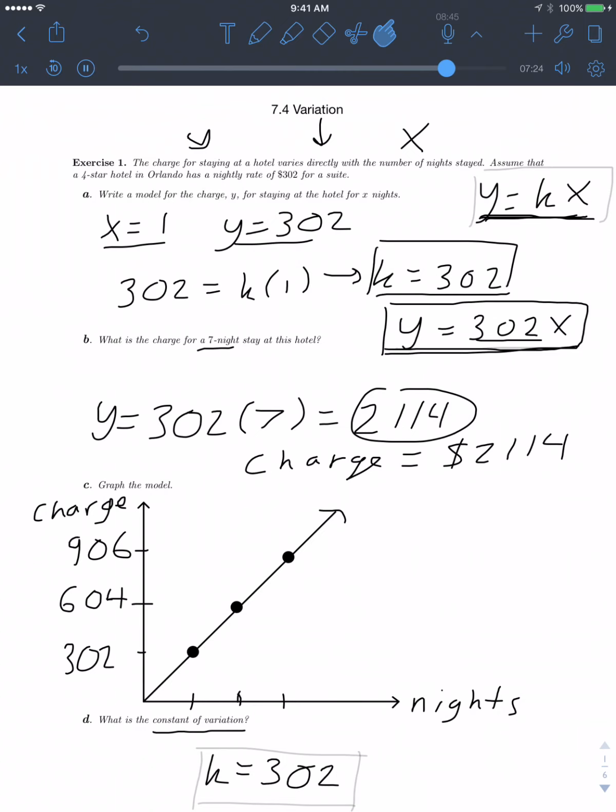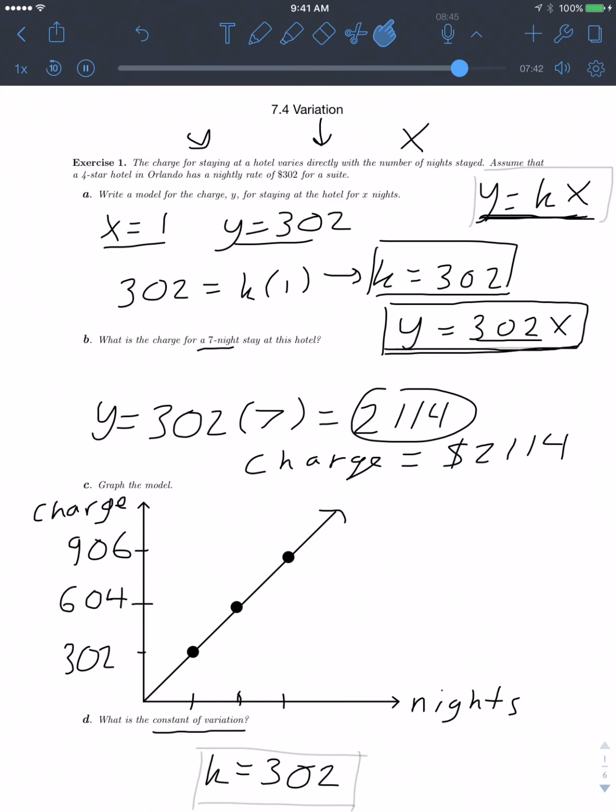Now, the constant of variation is what gives each variation equation its uniqueness. In this case, our slope, our variation, was 302. Now, at a different hotel with a different nightly rate, that would be a different number.